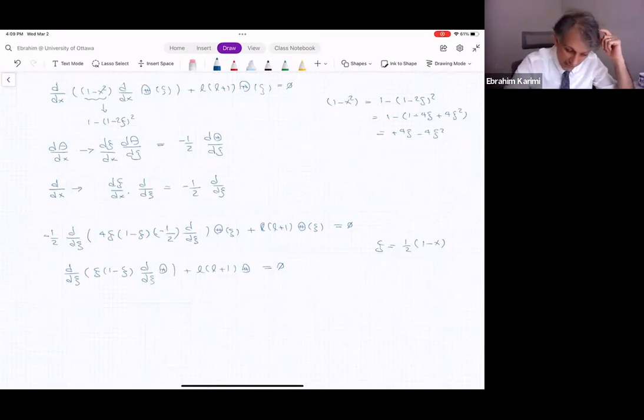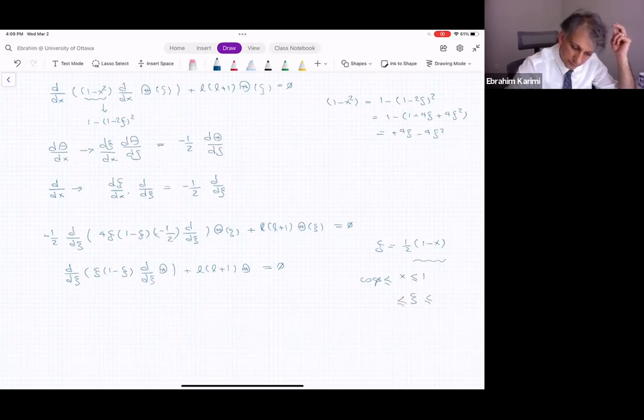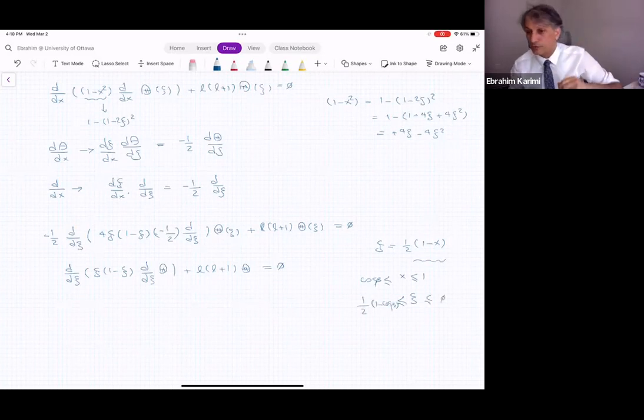Now, with this change of variable, remember x was bounded by 1 and cosine of beta, and now zeta is bounded by 1/2 of (1 minus cosine of beta), and 0. Now 0 is included in the domain for this differential equation. All right, that was the trick, essentially. It's a second order differential equation.